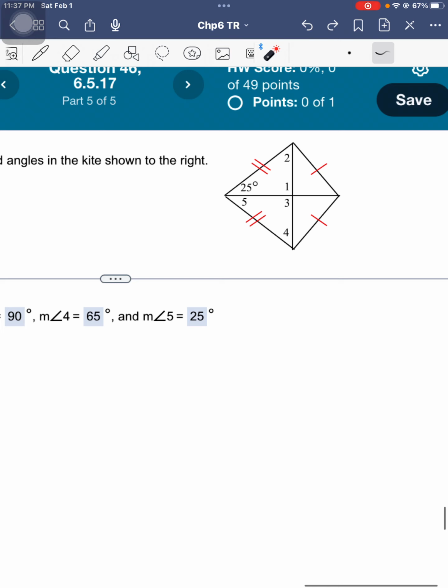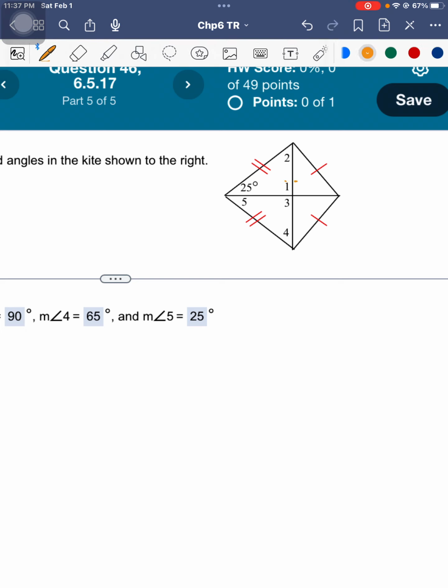Same thing. Another kite question. So let's look at this one. This is 90. This is 90. It's pretty easy. This is 25. Triangle angle sum theorem to find 4. So 90 plus 25 plus the measure of angle 4 is equal to 180. I'm going to skip some steps.